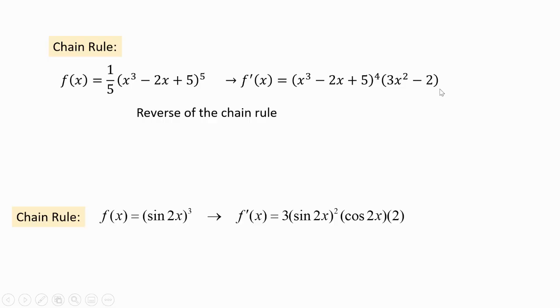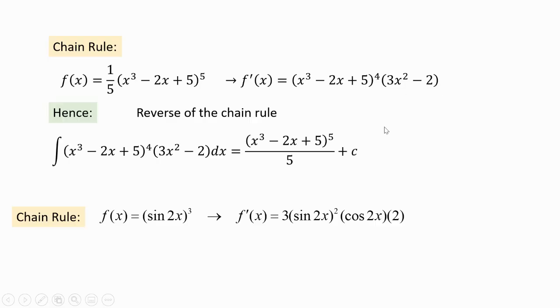Its derivative would sit next to it. So if we're trying to go with the reverse of the chain rule, ideally we would like the derivative next to it. If we have the derivative next to it, then we can simply go the reverse of that, and we can just integrate the bracket. So it's exactly the opposite.